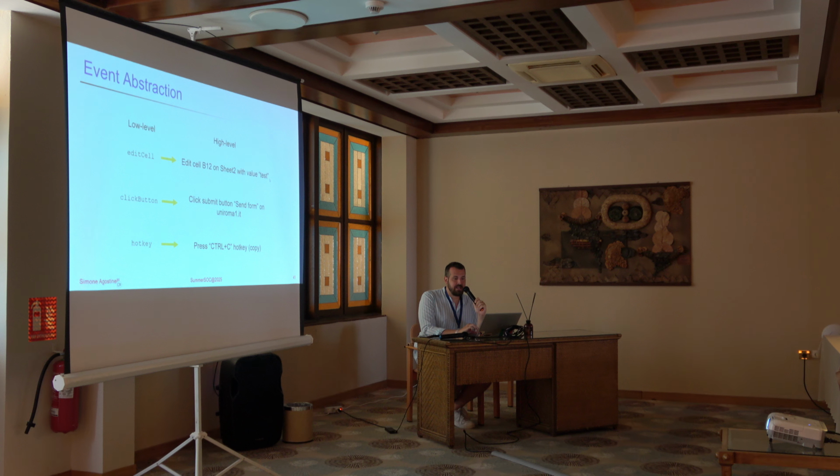So the string is informative because it tells you not only the event that has happened, but also it brings the information. So we know that the cell B12 on the sheet number 2 has been edited with a certain value. Okay. For example, also here, I have the low-level user action click button that is transformed into an informative string: click submit button, send form.